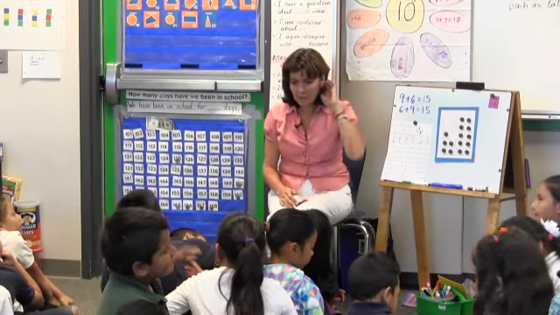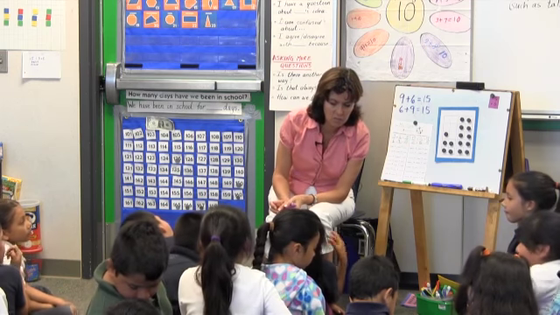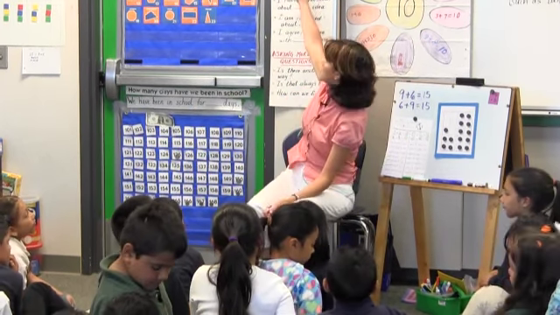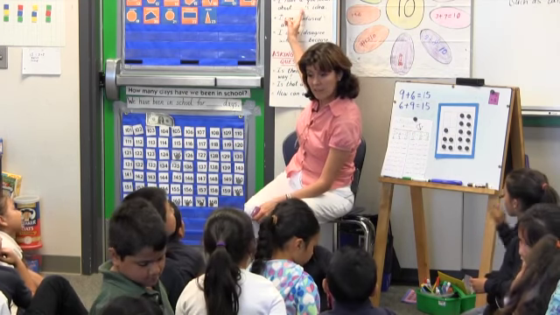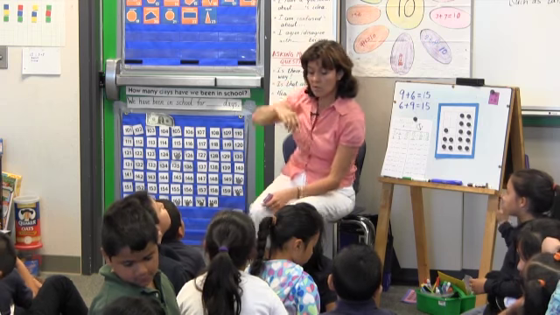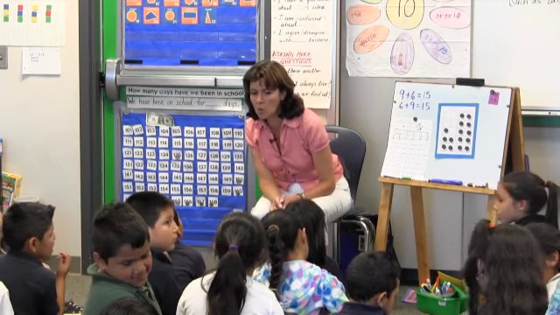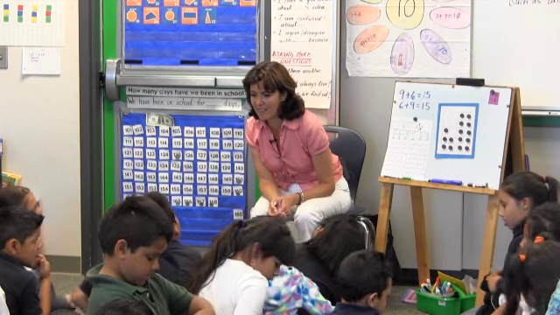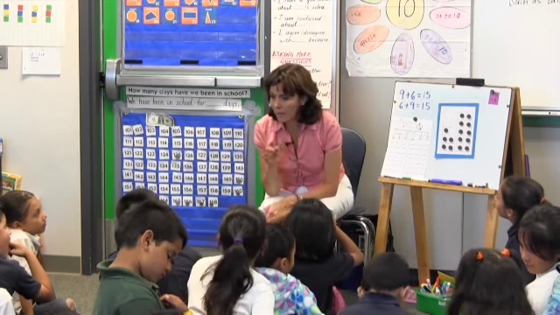And I'm going to be paying attention to see how many mathematicians in this classroom know how to speak in a mathematical way using math talk. And if you forget how to say it, you can always look. Or you can be with your partner and say, is there another way? Can you show me? Does it always work like that? Is that always true? Oh, excellent. That's another one.